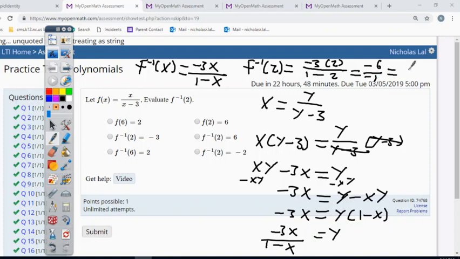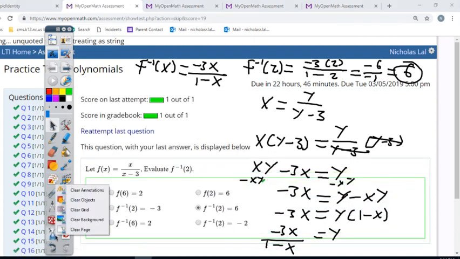Negative 6 divided by negative 1 is positive 6. So if your input into the inverse function is 2, your output is 6. Got that right? That is your polynomial functions video.